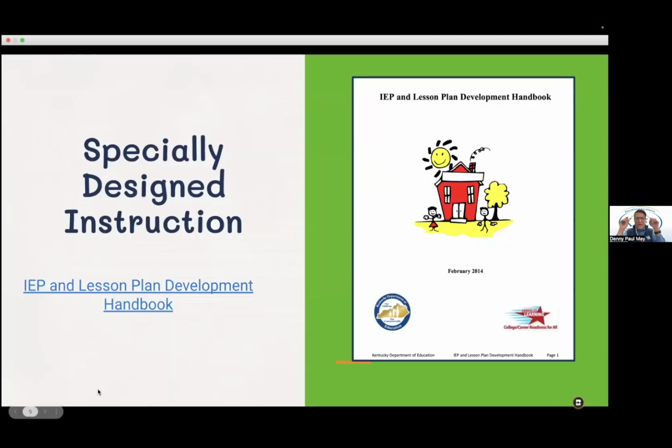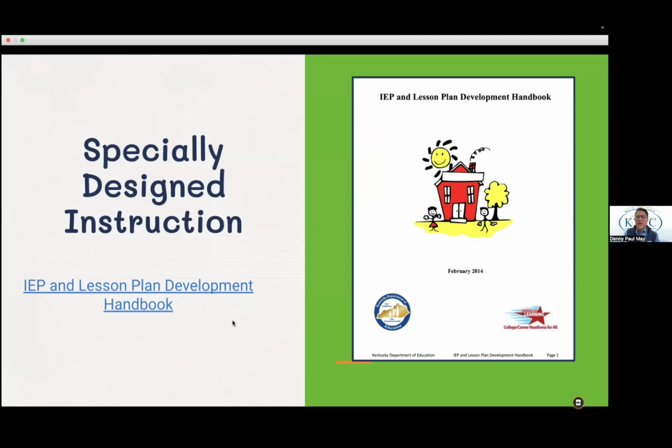That's something very, very important as we think about it. Now, one of my favorite tools in this whole scheme of things, and it's been around for a long time and was last edited in 2014, is the IEP Lesson Plan and Development Handbook. That's a hot link on the left there, so you can click on it. We want you to use it in just a few minutes to help answer some of the questions that we're going to have you work through.